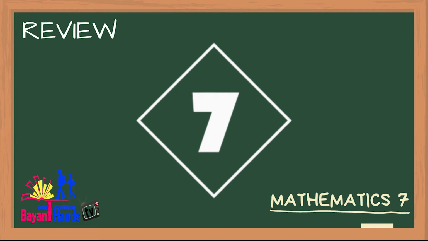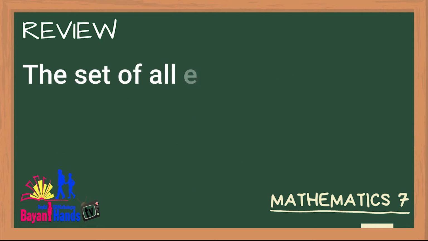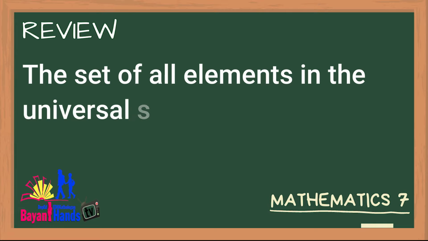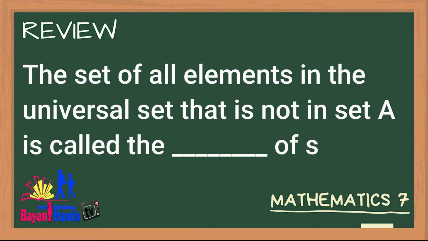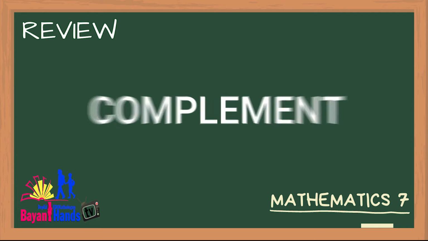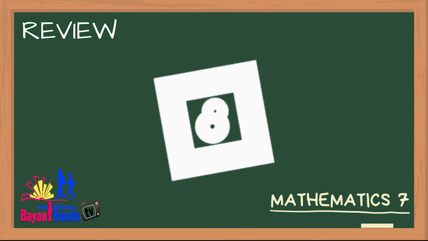Number 7. The set of all elements in the universal set that is not in set A is called the blank of set A. Answer: complement. Number 8.